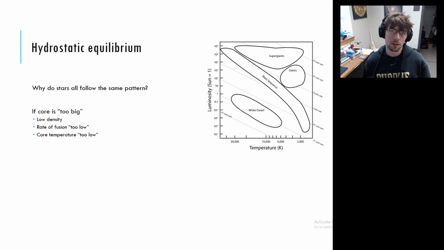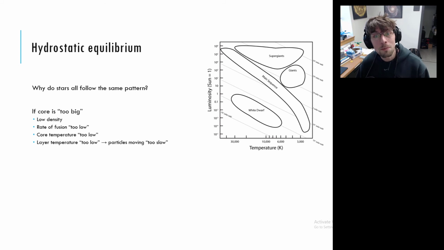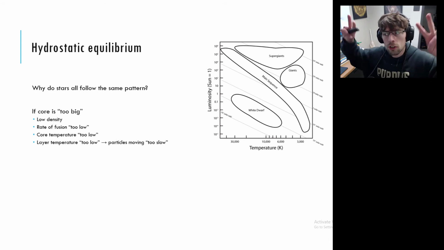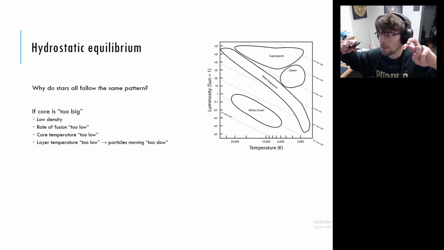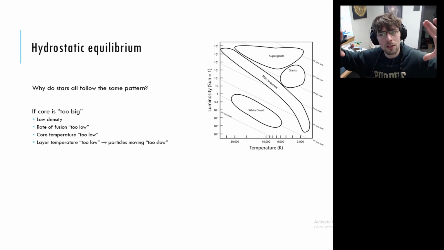Also too low. Well, if the core temperature is too low, what can you tell me about the outer layer temperature? Also too low. Which means that the particles in the outer layer are moving, I'll put in quotes, too slow. Well, what does this mean about the size of the star, the physical size?